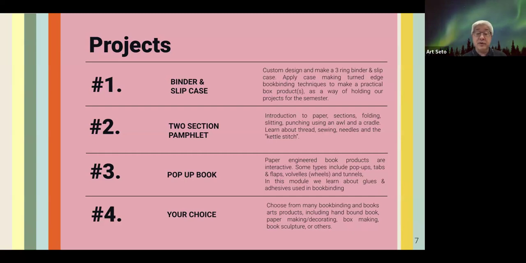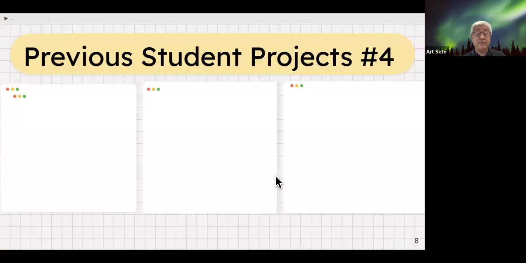We will make a pop-up book using different techniques. And then the fourth project is student's choice. You could choose to make a book or a box or some kind of paper decoration, book sculpture, which we'll see in a later slide.